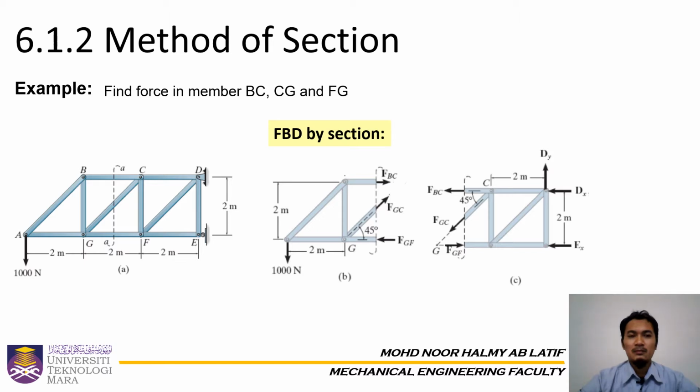Here is one example. Find force in members BC, CG and FG. So first we need to identify which members we need to analyze. In this figure, the section that we want to inspect is members BC, CG and GF.